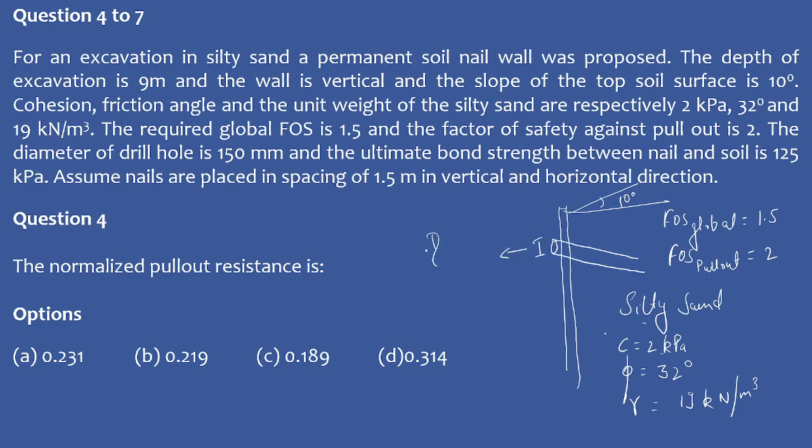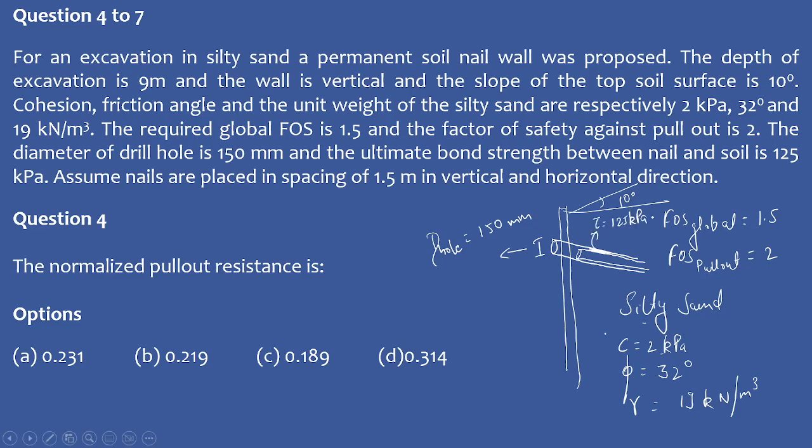The diameter of the hole is 150 mm. We'll be introducing some nail in this hole, and the bond strength between the nail and the soil is given as 125 kPa.